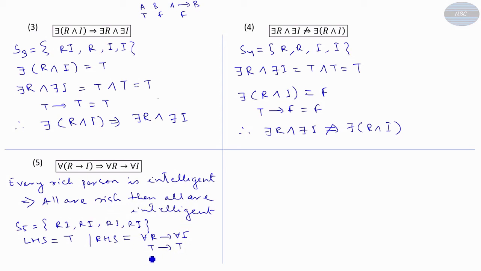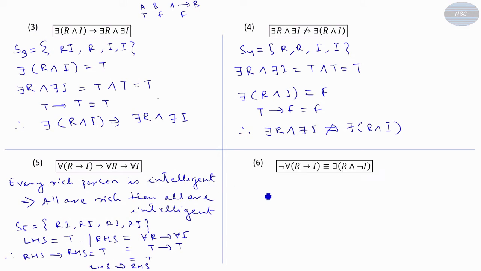Yes. So the right hand side is also true. So it means left hand side implication right hand side is equal to true. Hence we can say that the left hand side is valid for the right hand side.